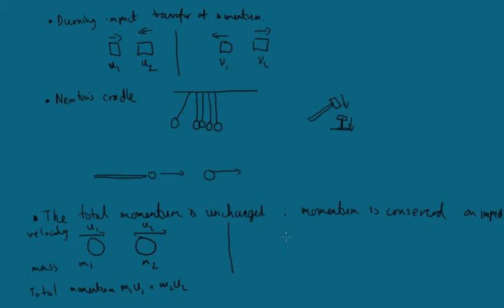And then after the collision, the mass is going to be the same, but now this ball's going to have some new velocity v1, and this ball's going to have some new velocity v2, and the total momentum after is m1 v1 plus m2 v2, and those are equal to each other.